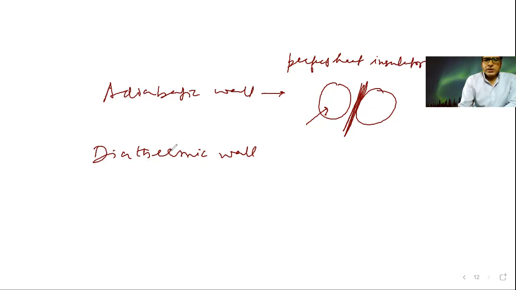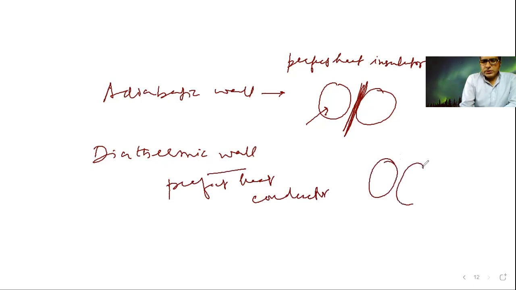And thin metal wall is an example of diathermic wall. Diathermic wall is perfect heat conductor. So here if we have two systems and there is a diathermic wall in between, if you heat system 1, macroscopic variables of the other system will automatically change because heat will flow from system 1 to system 2.